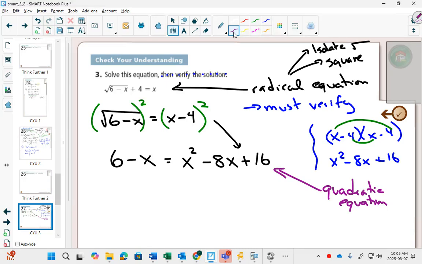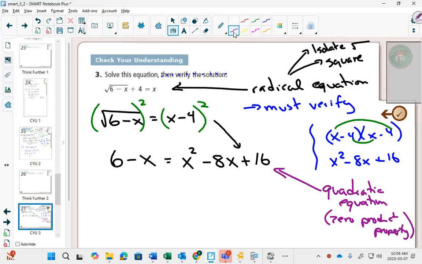Just like when you recognize the radical equation that you need to isolate and square, we did that and we ended up with a quadratic equation. What do we need to use to solve the quadratic equation? We need to use that zero product property. In other words, we need to make one side equal to 0.